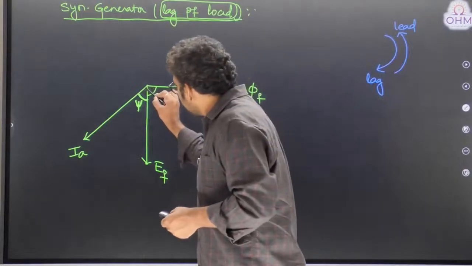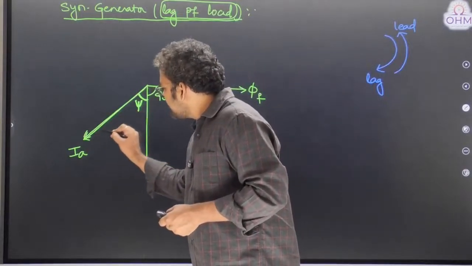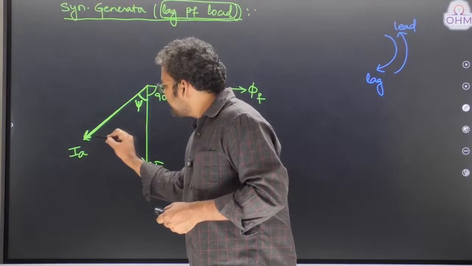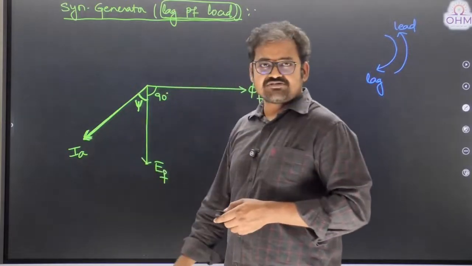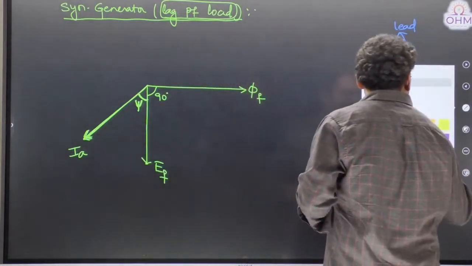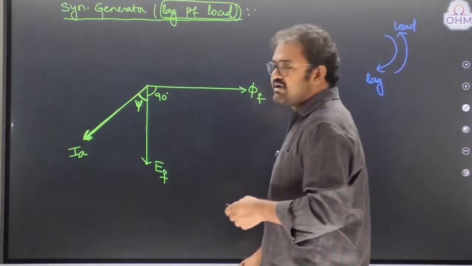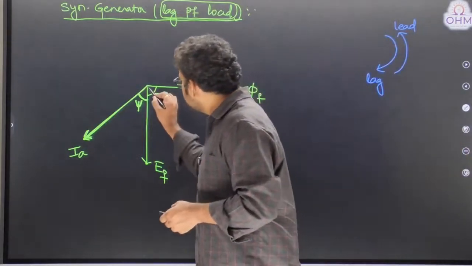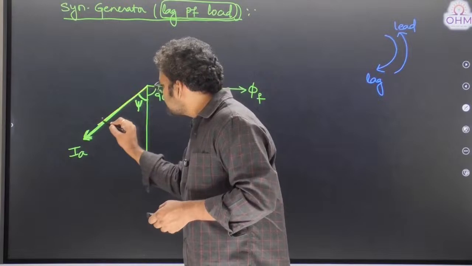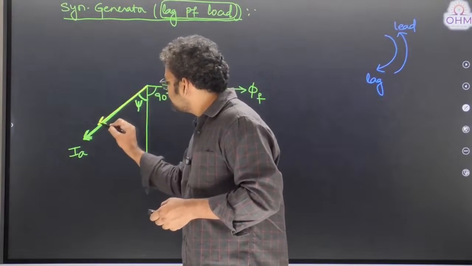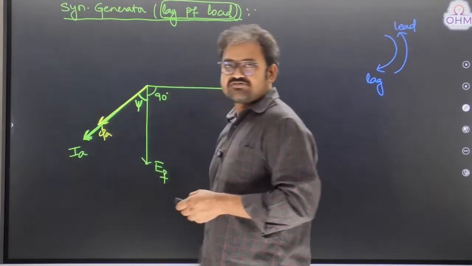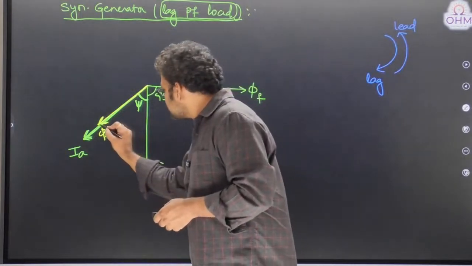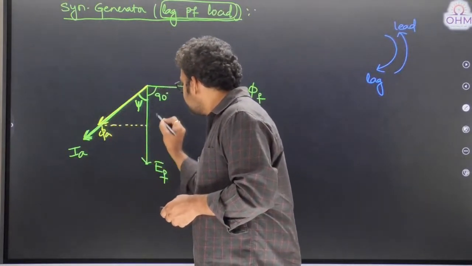Now, if this is the armature current phasor, can I say this armature current will generate a flux in the machine known as armature flux? And where will the armature flux be? We know flux and current are always in phase. Therefore, armature flux is also in the same phase. That is armature flux. Now I can resolve this armature flux into two components.